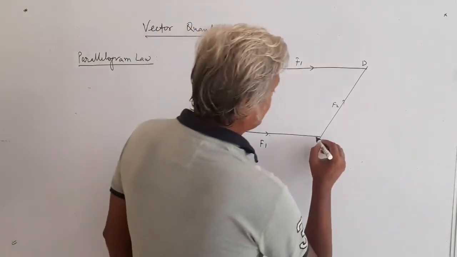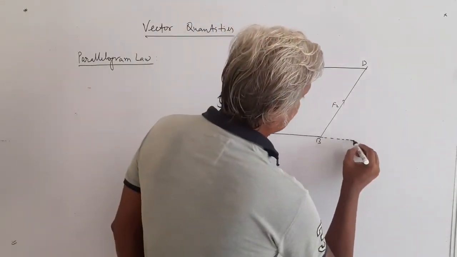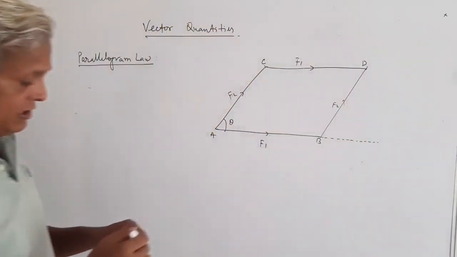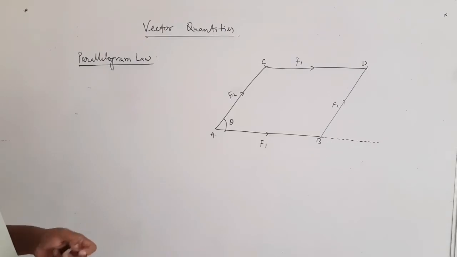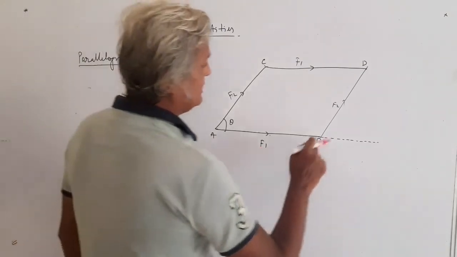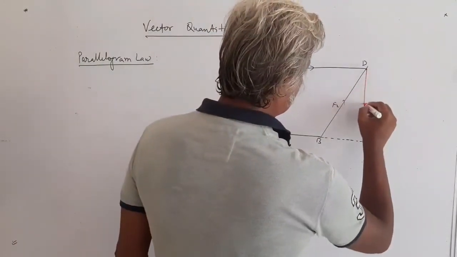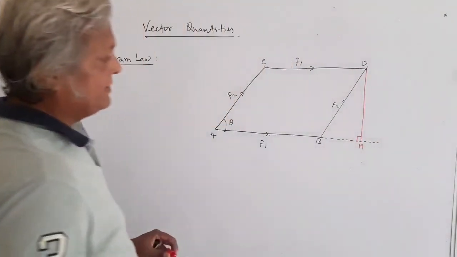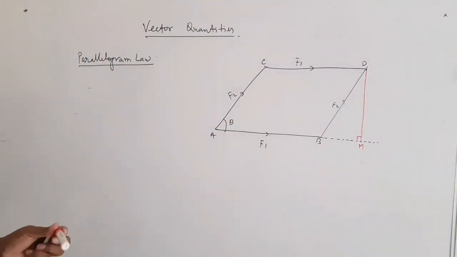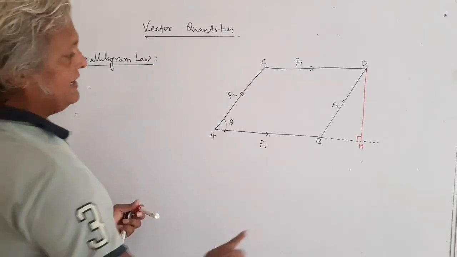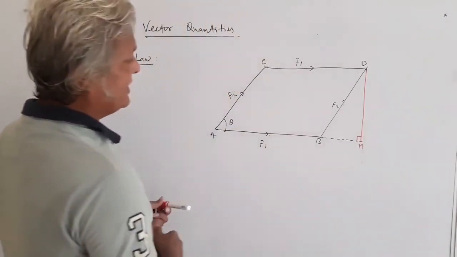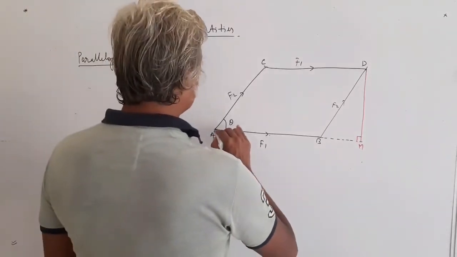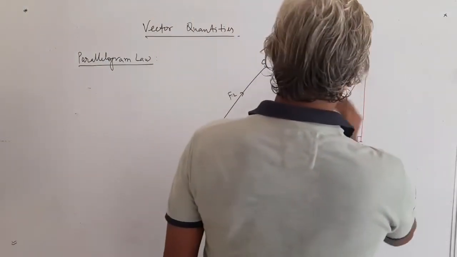Now geometrically I produce it like this. From D I drop a perpendicular onto the extended line of AB, like this. This I name M. If I try to find the resultant, the resultant of these vectors will be along the diagonal.